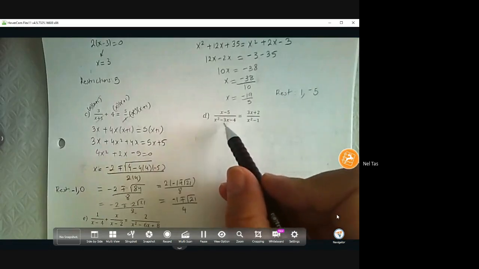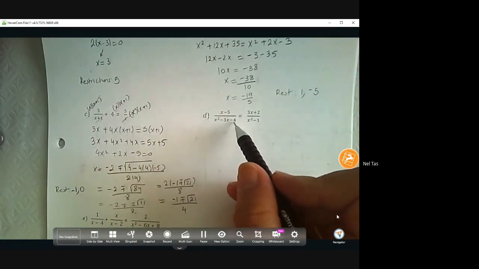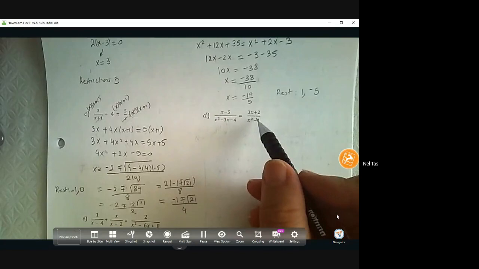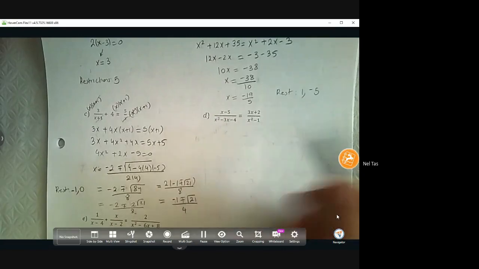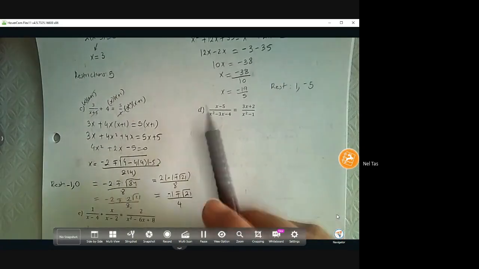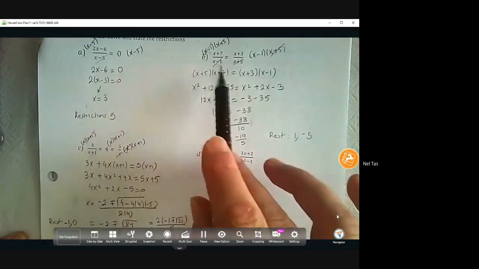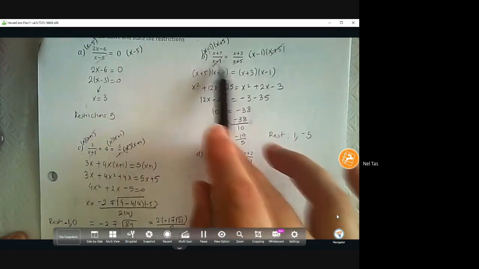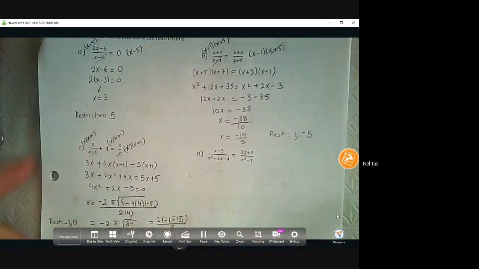(x minus 5) over (x squared minus 3x minus 4) equals (3x plus 2) over (x squared minus 1). The first thing that you should do is factor numerator and denominator. In the previous questions, we did not need to, because we had only one factor in the denominators.